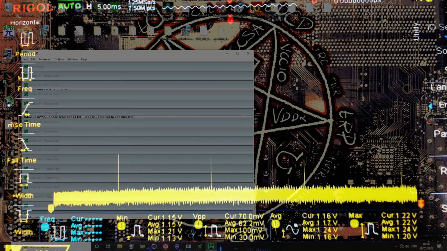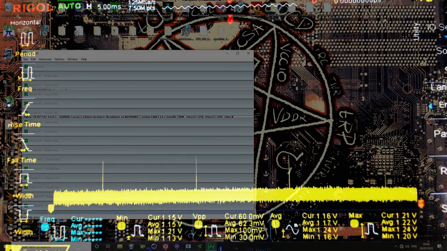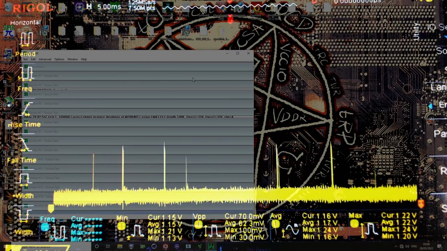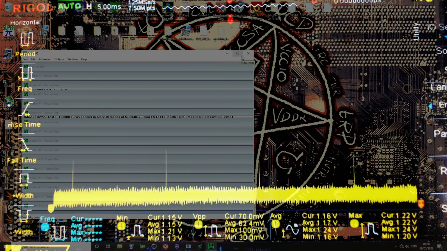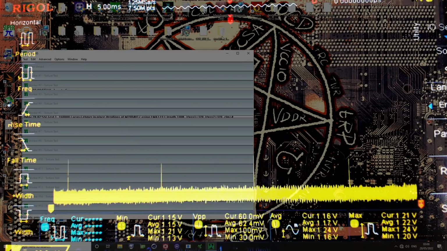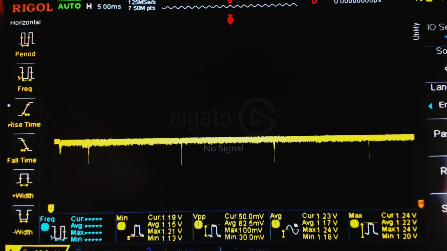So I don't know why you wouldn't just copy that. I'm pretty sure Asus doesn't have a patent on the idea of using an op amp to copy a voltage from one place to another. So yeah, that's a thing.